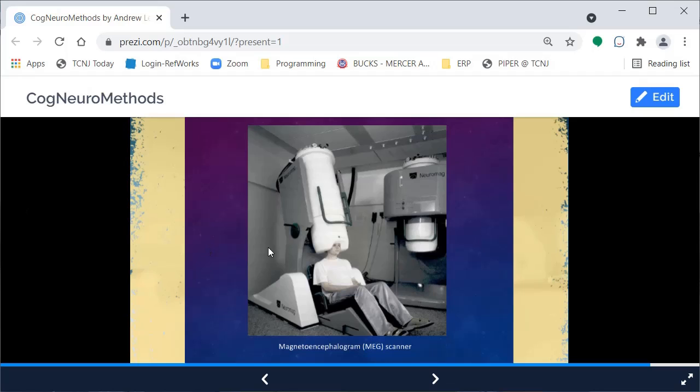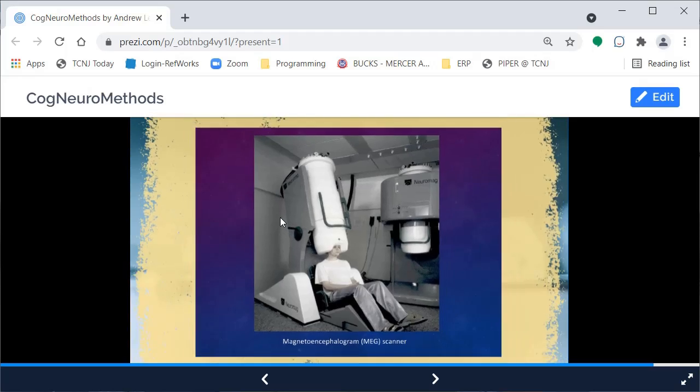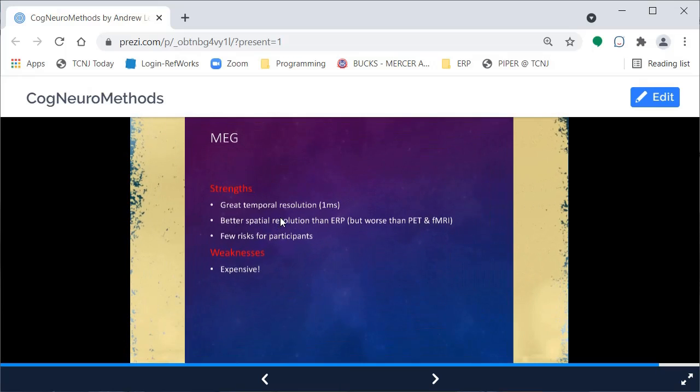So what you're seeing here is a MEG scanner, and there's sensors all along the scalp, just like we would place electrodes, and all of this apparatus here is to do the supercooling to record the magnetic fluctuations. So the strengths of MEG are great temporal resolution, you have better spatial resolution, but it's really not quite on the level of MRI, maybe not even on the level of PET, but a much better spatial resolution.